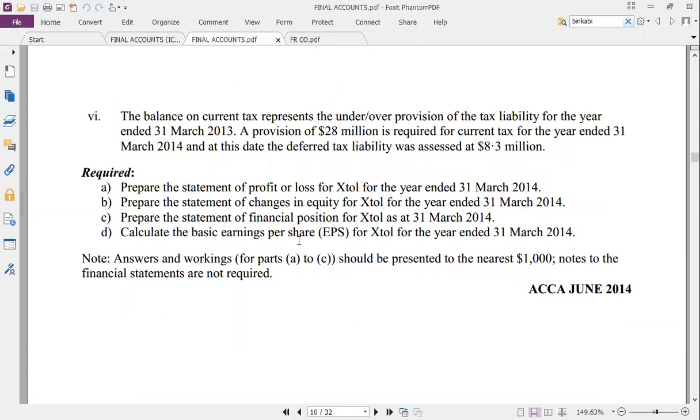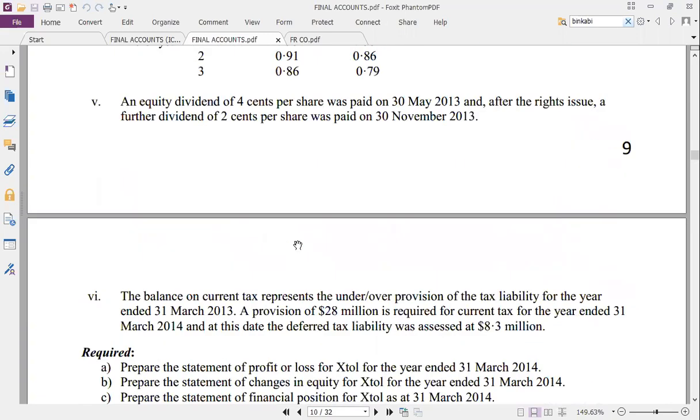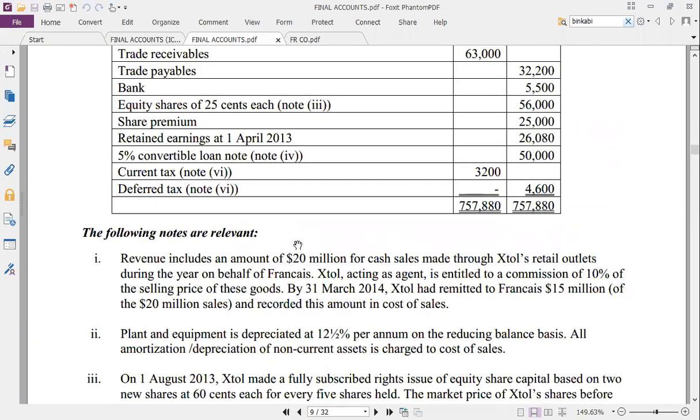The balance on current tax represents under and over tax liability for the year ended March 2013. Let's go and see the balance. If it's on the debit side, it means it's an expense, which means there's an under. If it is at the credit side, which is again a plus to you, it is an over.